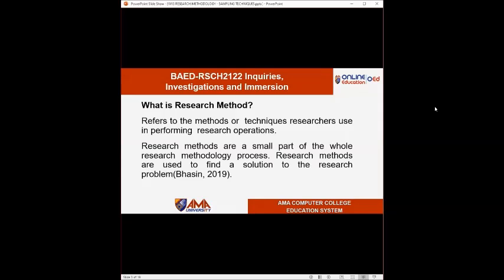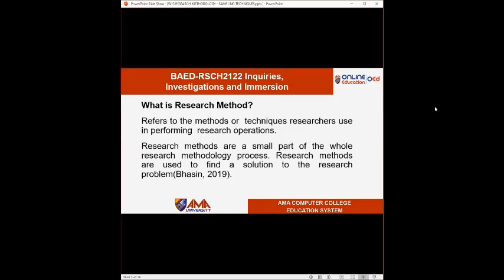So meaning research methods, these are the strategies, processes, or techniques utilized in the collection of data or evidence for analysis in order to uncover new information or create better understanding of a topic.